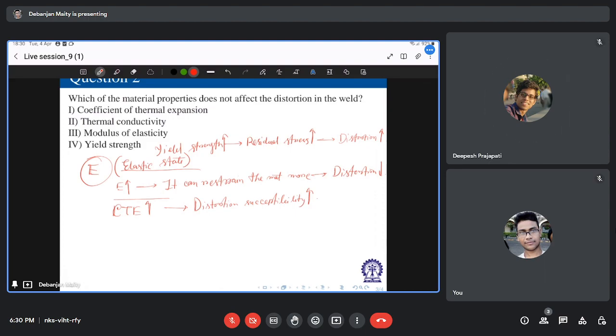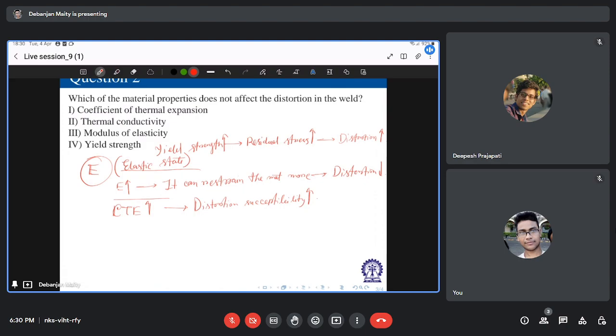And then in terms of thermal conductivity, it is a measure of how easily heat can flow through a material, right? If a material is having high thermal conductivity, let's say copper or aluminium, it can dissipate heat very quickly. So this is why we tend to get some cold starts when welding aluminium. So materials with low thermal conductivity like SS don't dissipate heat as rapidly as these two materials do, right?